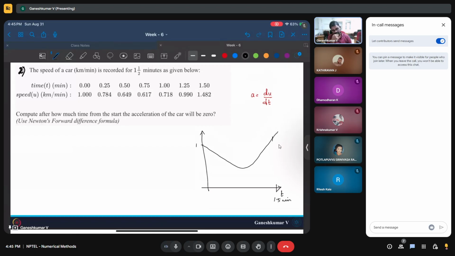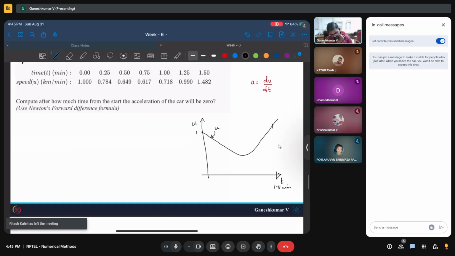So this is velocity. Let's say you plot the acceleration in the same axis.